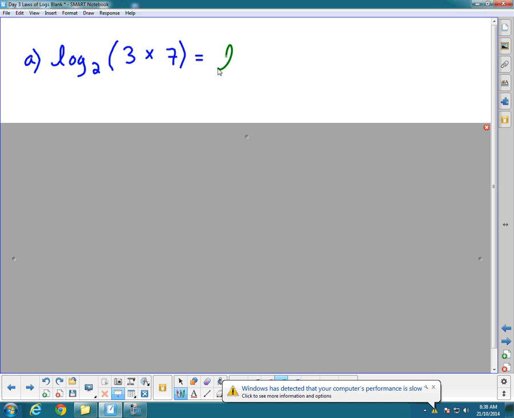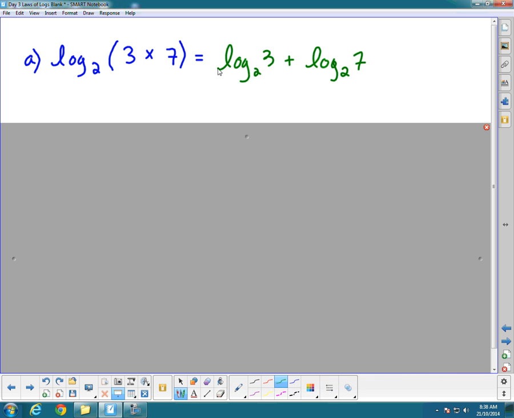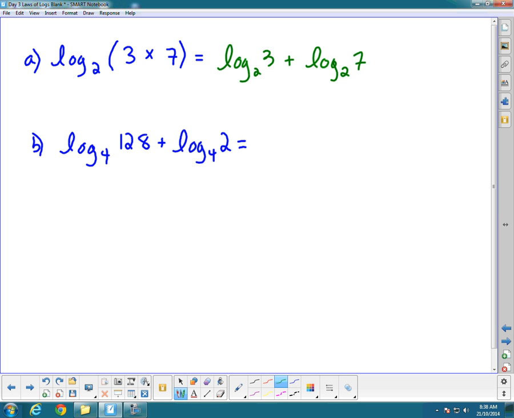So this one would be log 3 base 2 plus log 7 base 2. All right, that's just using the law. That's it. It really doesn't help us much more in this question. It will later on. So for example, it'll help us in something like this, where we would go the other way.